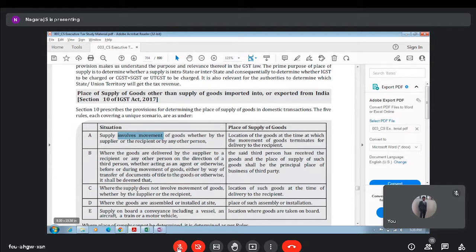Third one, where the supply does not involve movement. Does not involve movement in the sense you go to Big Bazaar, you put all the goods in the cart, in the basket. You take the basket to the counter.